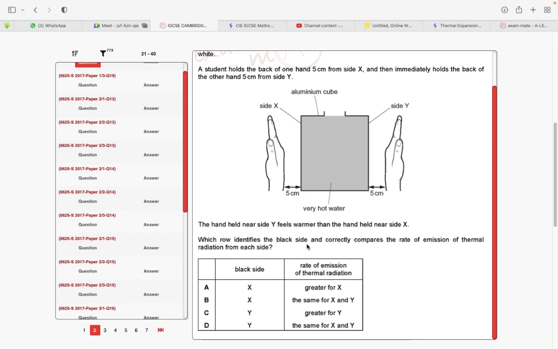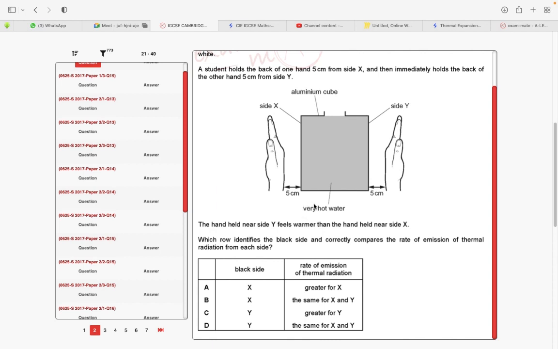So which one would be Y now? The black side will be Y, right? Yeah, it'll be white because it kind of reflects it. But you said the hand held near side Y feels warmer, right? Yes, so it'll be white.